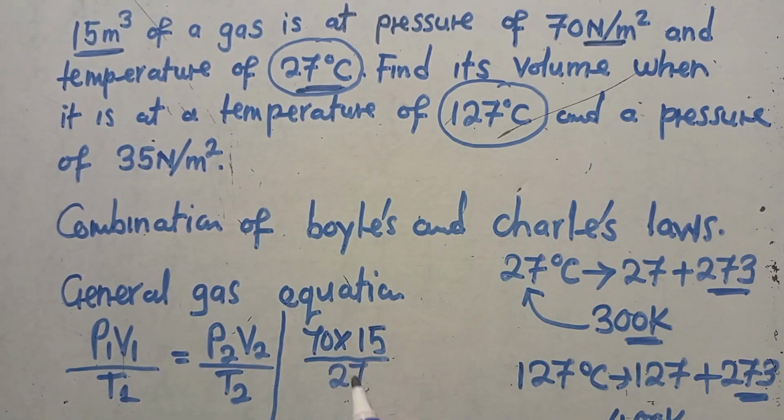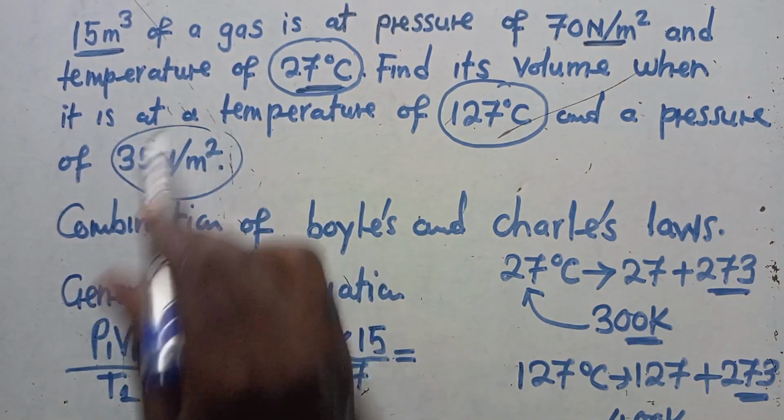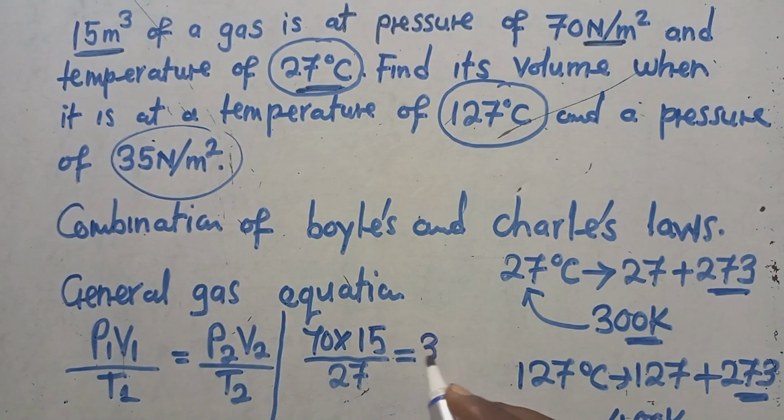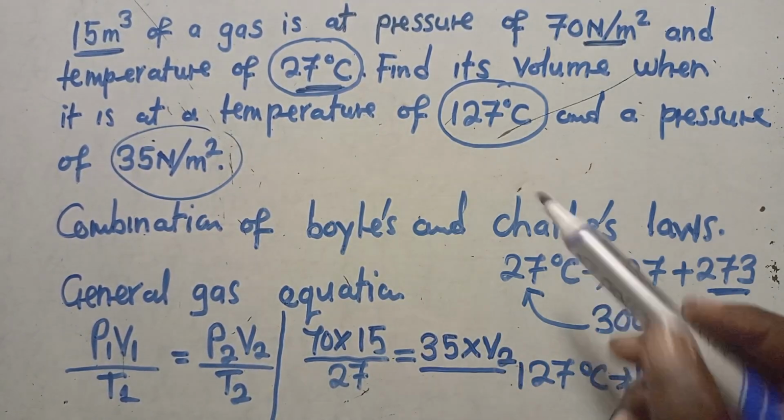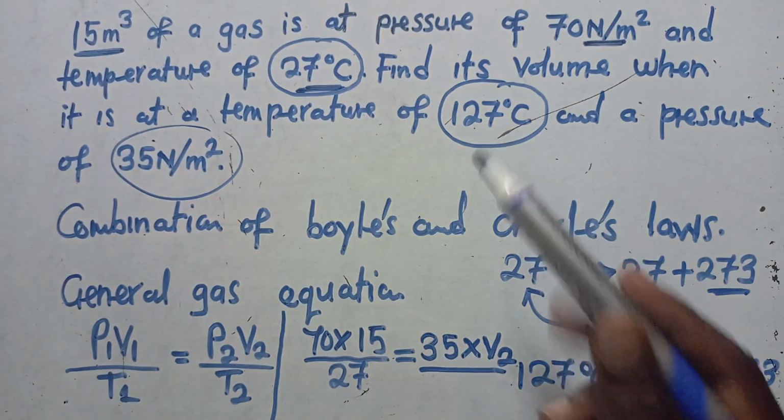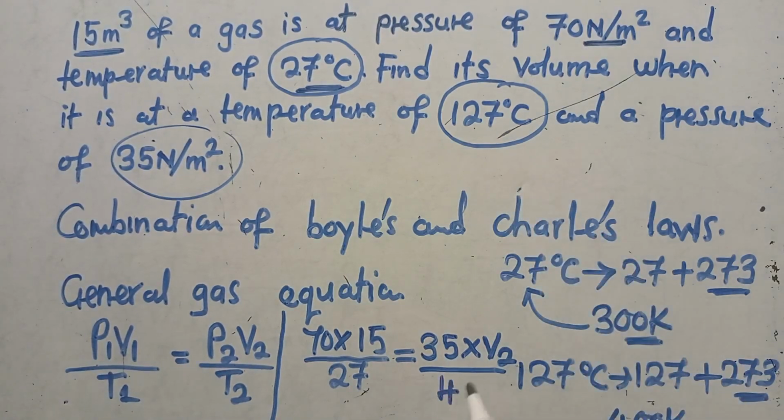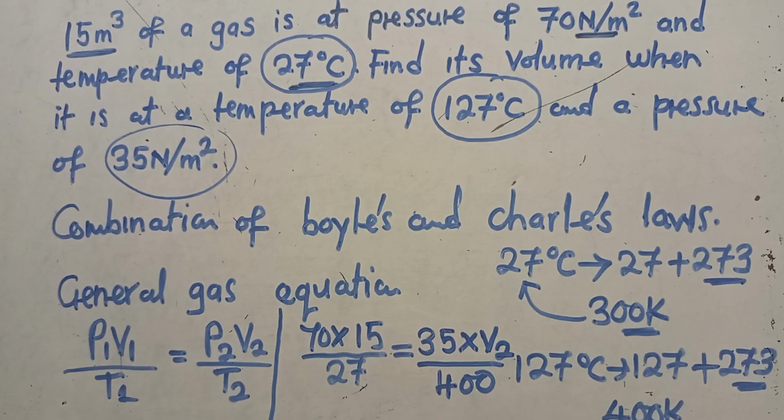This is equal to pressure 2, which is 35, multiplied by volume 2, the one I'm told to find, over temperature 127. 127 is what? 400 Kelvins. So the temperature is already in its appropriate units.